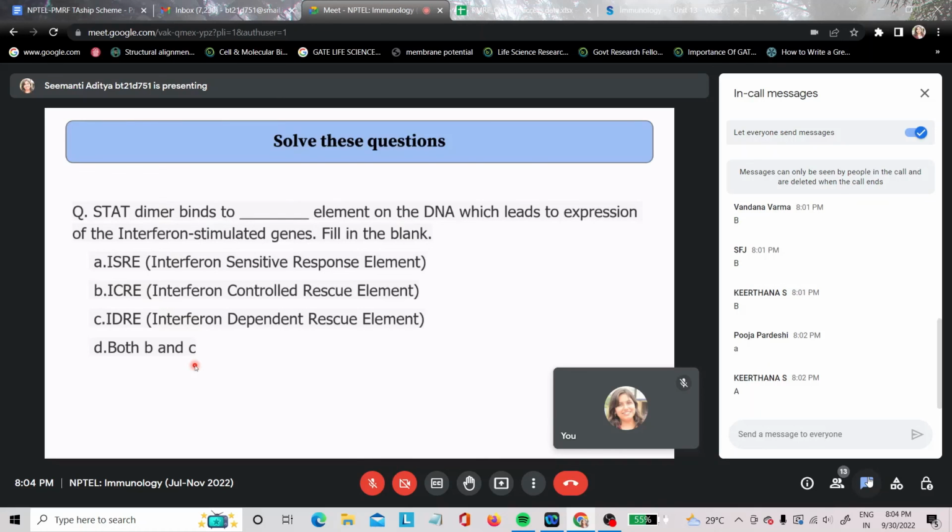STAT basically goes and binds to the DNA region, and in the DNA region it will bind to a particular segment. What is the name of that segment? It was also discussed in the class.